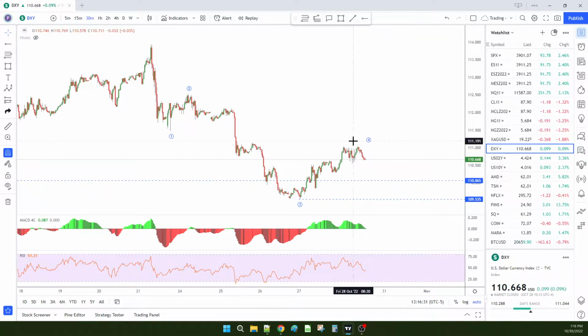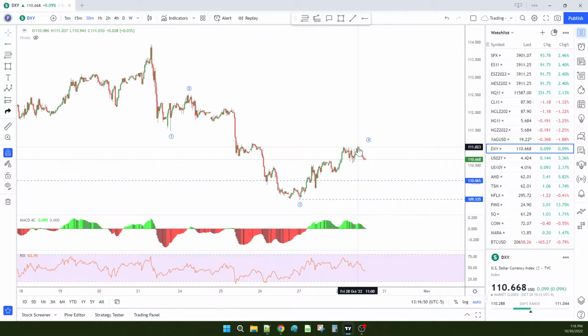And then all of this is just a bunch of 3 waves for an ending diagonal. So I see one more wave up to complete 4. So that's why even though we've already broken the low, I'm seeing this as we're going to be making 5 waves down for an ending diagonal.